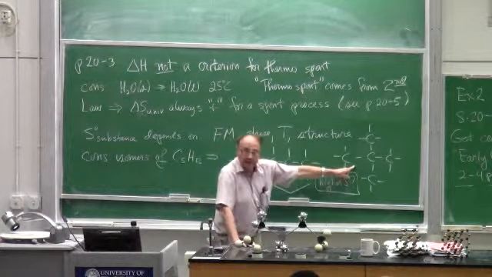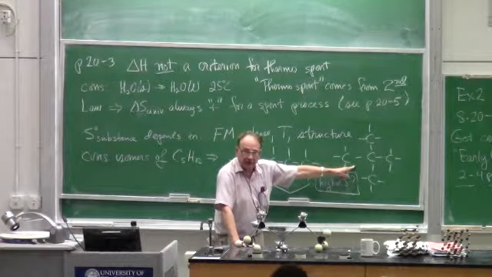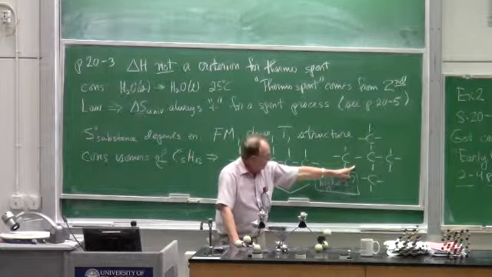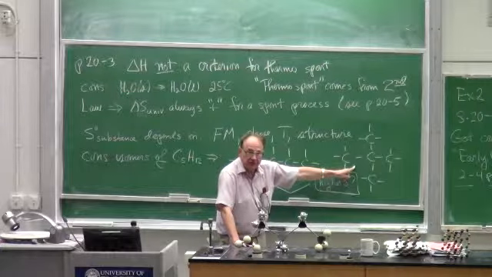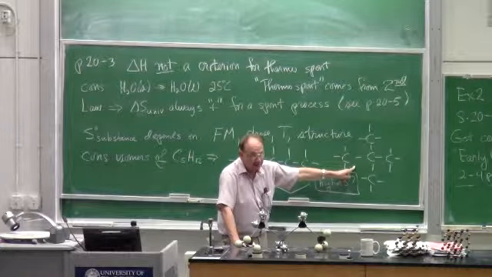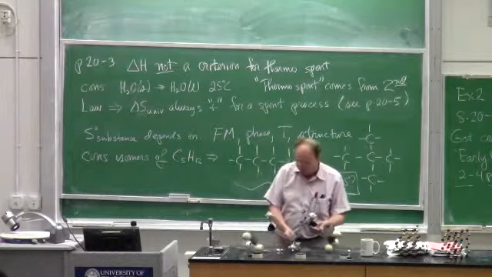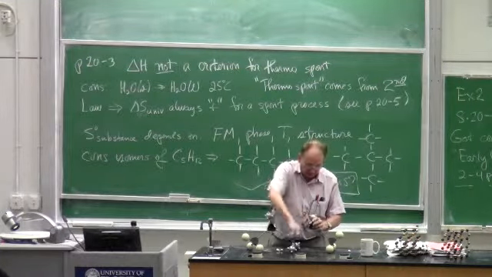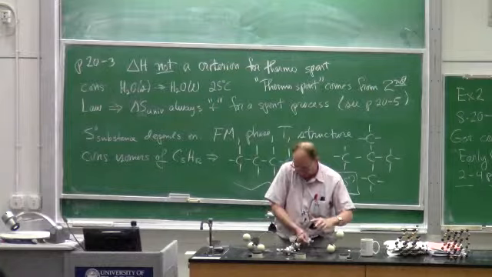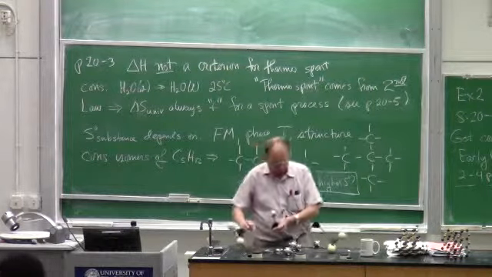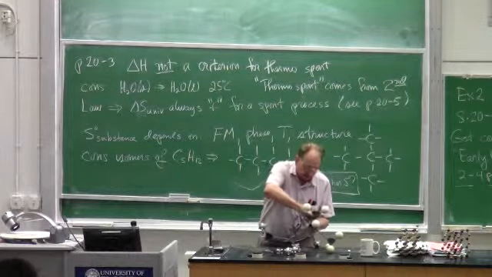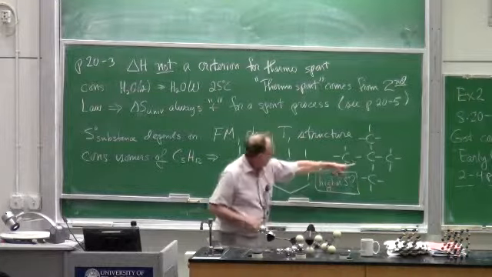Here is another structural version of C5H12. Same formula, same composition, but not the same structure. Let's see if I can take this thing apart without too much difficulty. And turn it into this molecule.